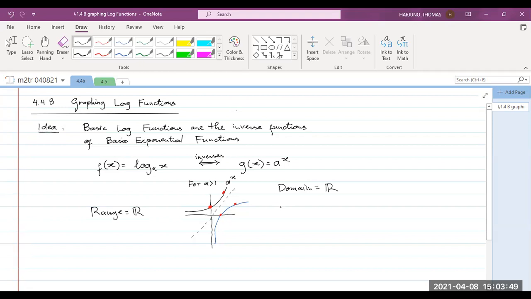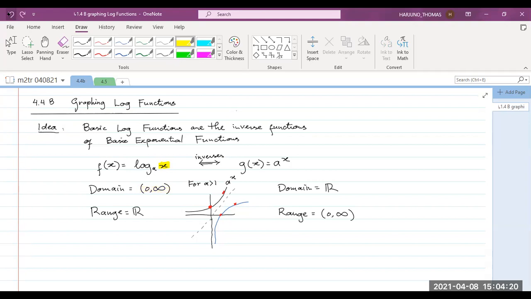And the range of the function, which is from 0 to infinity, will become the domain of the inverse function. So basically, the argument of log has to be strictly positive, which we have seen from Tuesday.